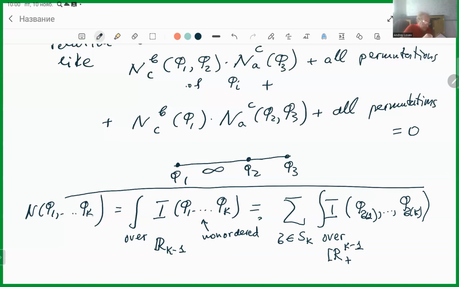So in the definition of n, I integrate I over the full space. So this was the definition of I over an ordered set of observables.